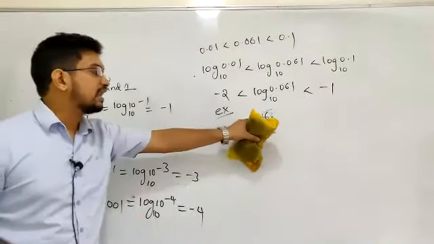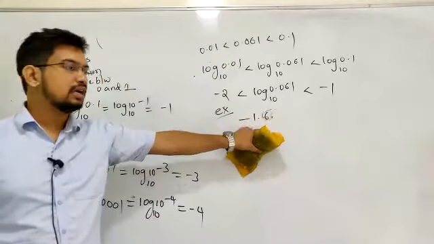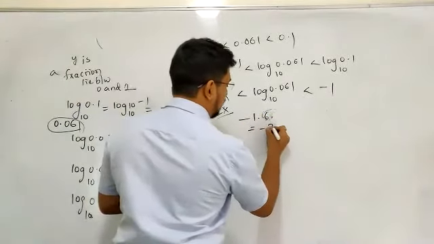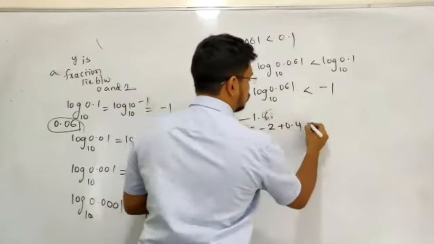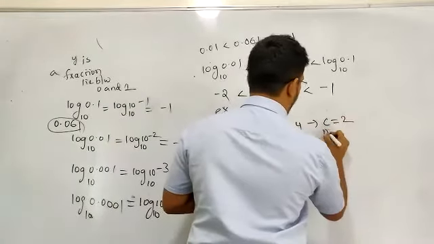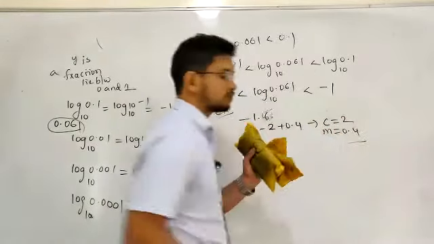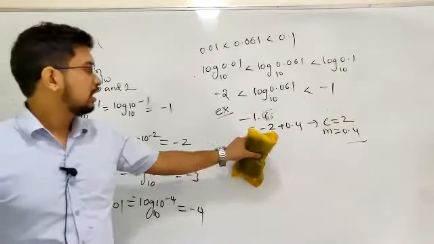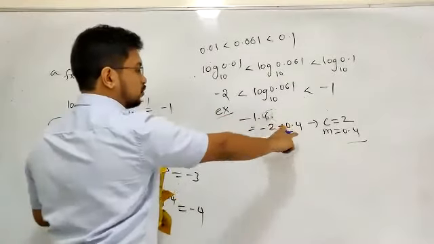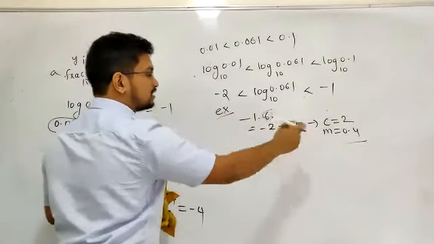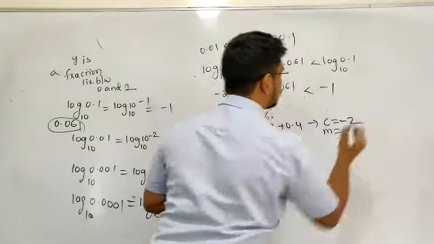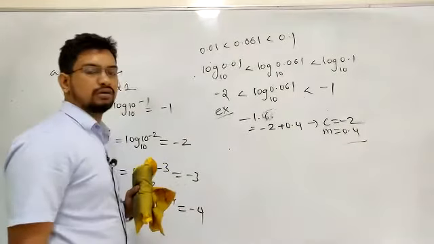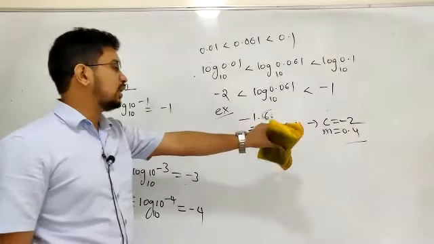So what is the characteristic here and what is the mantissa? This can be written as -2 plus 0.4. So for 0.061, the characteristic is -2 and the mantissa is 0.4.